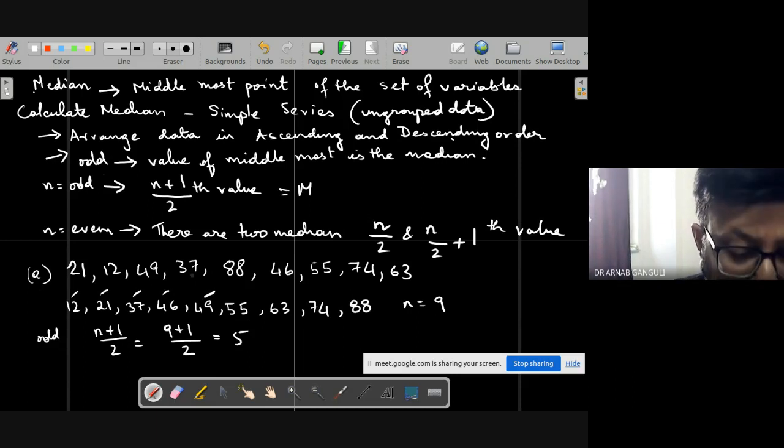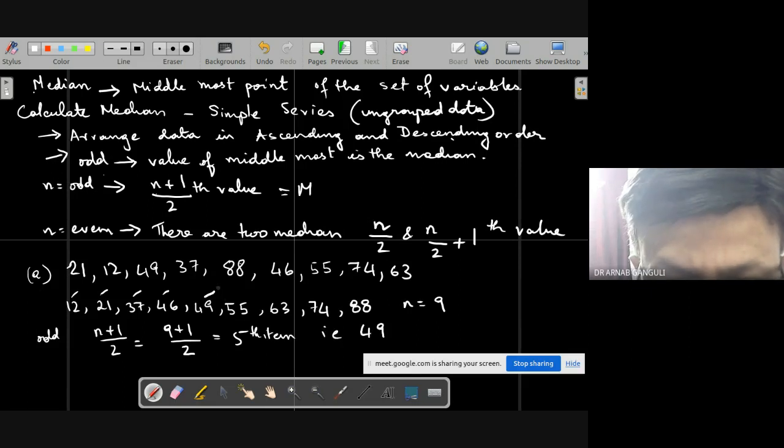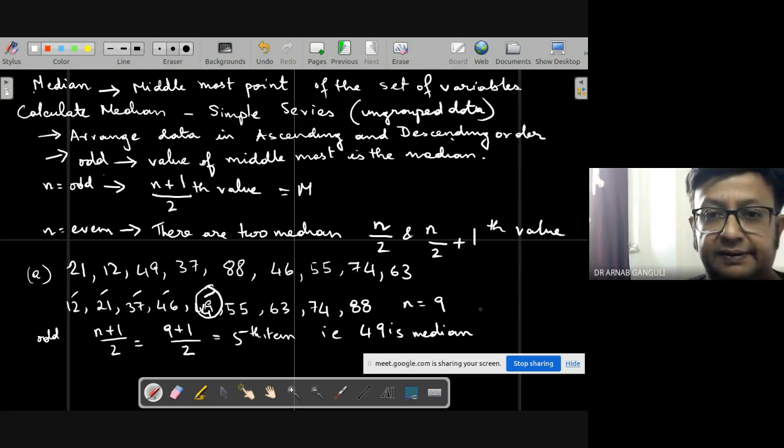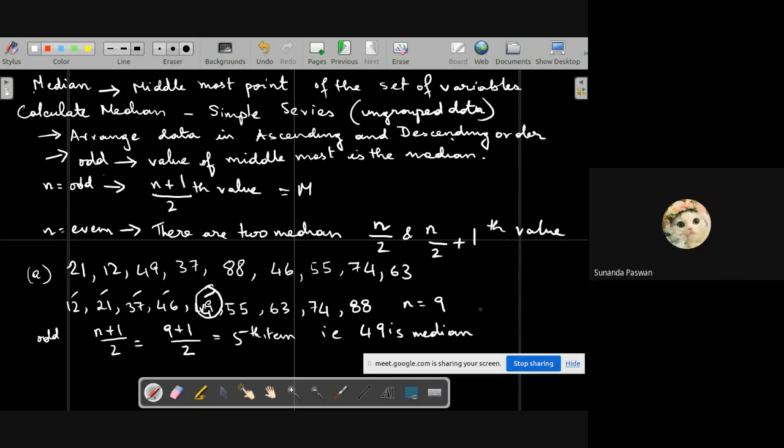So 49 should be the median. The fifth item, that is 49, is the median. So clear about this median?